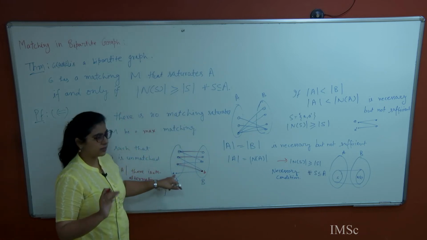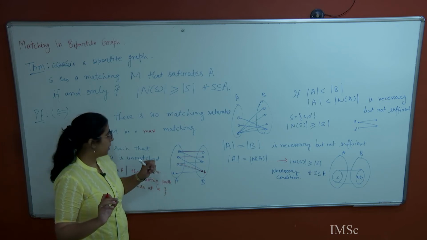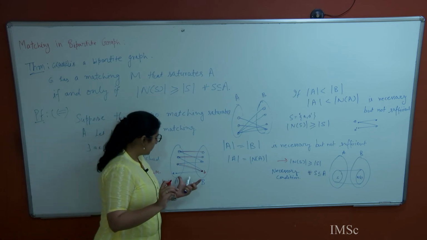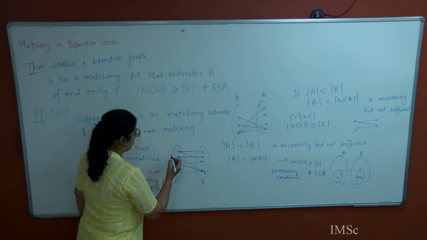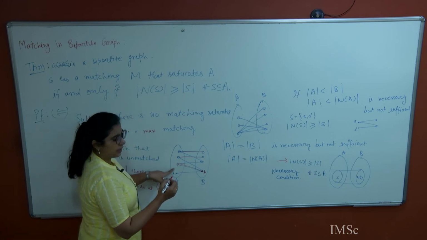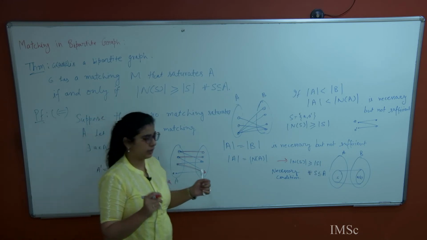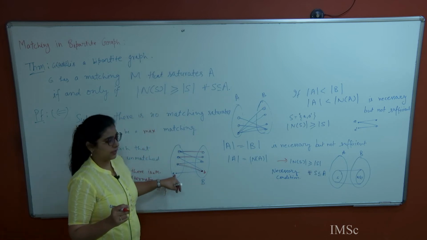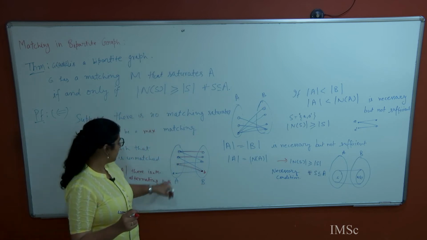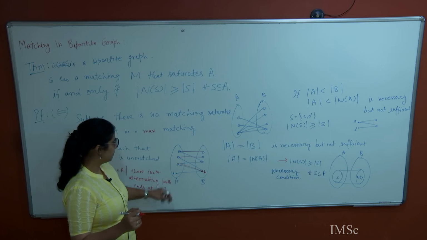Now, the first vertex is unmatched, right? So I am taking all the vertices in A which have some M alternating path to this vertex A. I am collecting all those.